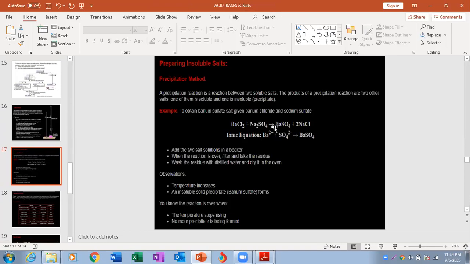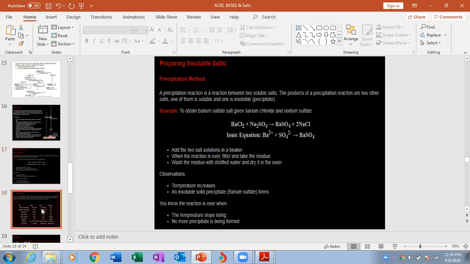After some time, no change or increase in temperature will show on the thermometer. That's how you may indicate that your chemical reaction has been completed.